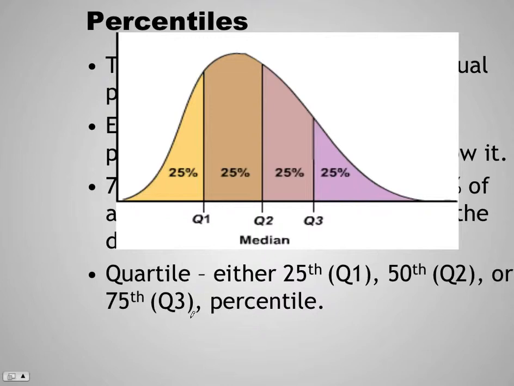Now it turns out that the 50th percentile is also the median, because with the median, half of the data will be above it, and half will be below it. So the 50th percentile is 50% above, 50% below.